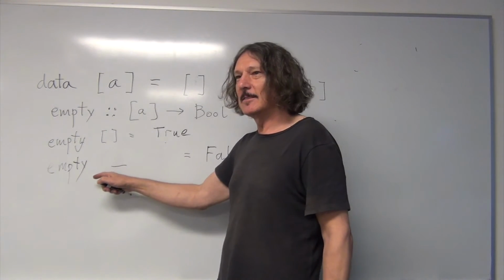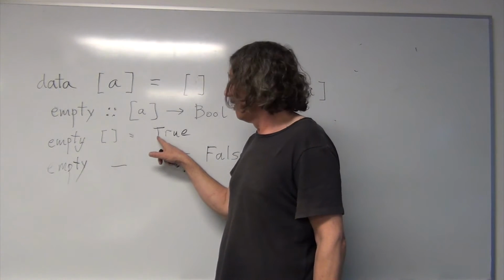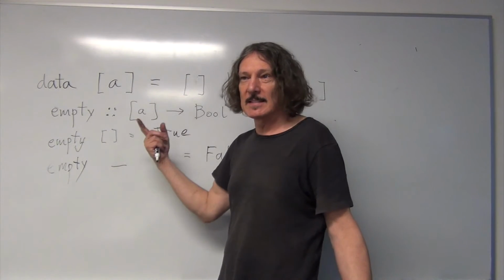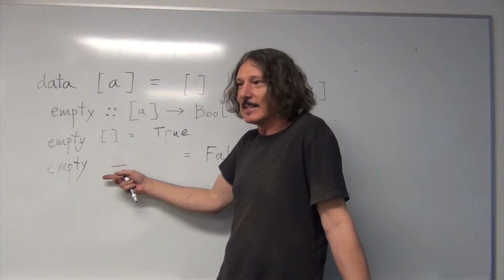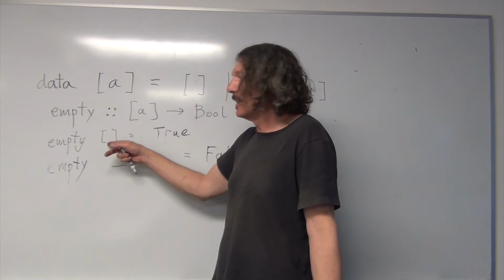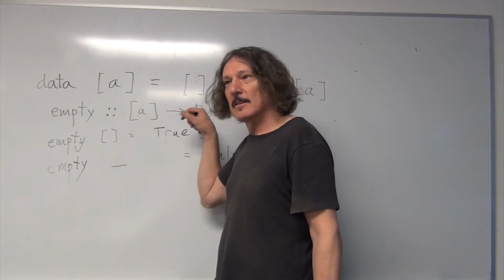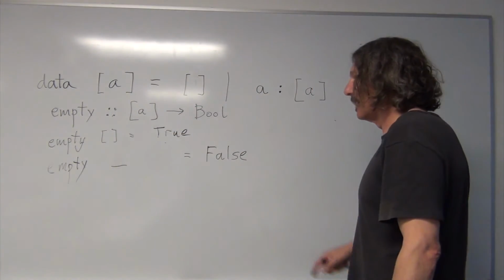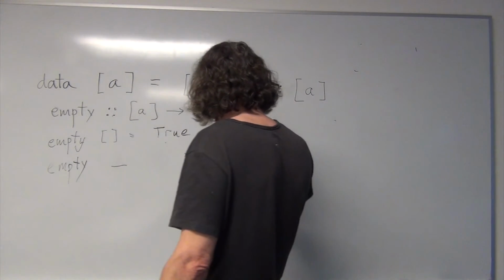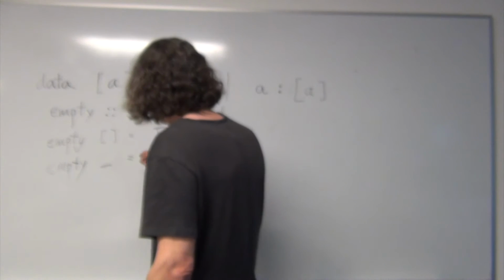So if a list is empty, it will hit this pattern. But if the list is non-empty, it will try this pattern, which always succeeds. It would succeed for an empty list, but nobody asks it to match an empty list because an empty list goes first through this hole and comes out on the other side as true. So this is really a very simple thing. Underscore equals false.